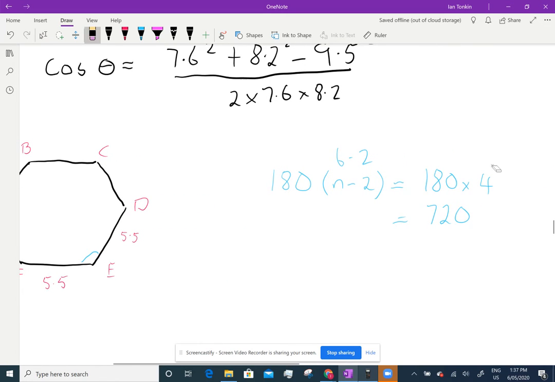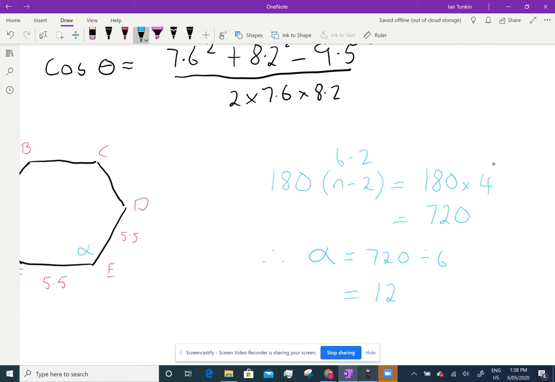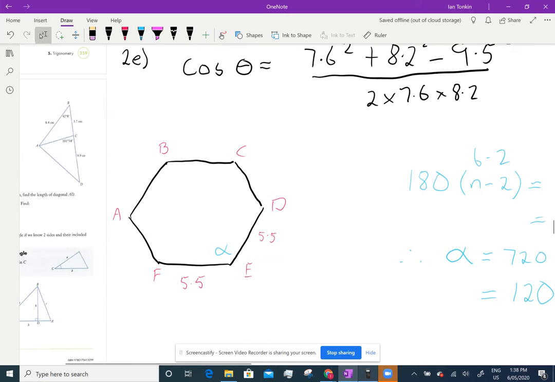So I'm going to call this one alpha. Therefore, alpha equals 720 divided by 6, which is 120. So that angle in there is 120.